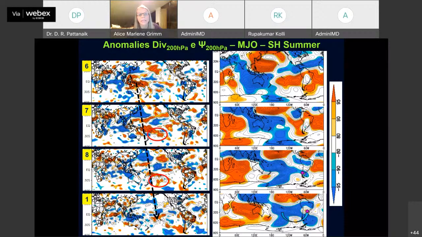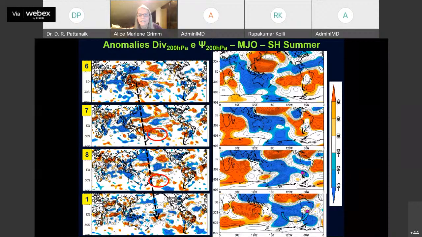But when this upper level anomalous divergence extends into this influence region here in the subtropics, extratropical teleconnection starts forming here.